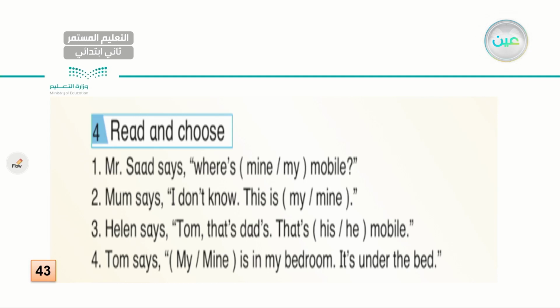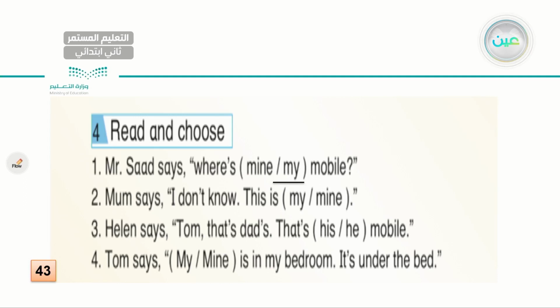Now, let's start with the first one. Mr. Saad says, where is, what do you think? What was the answer? I know you can get this one. My mobile. Now, let's explain why did we choose my? Because it's followed by a noun. Mobile is a noun. Very good. That's where is my mobile. Very good.